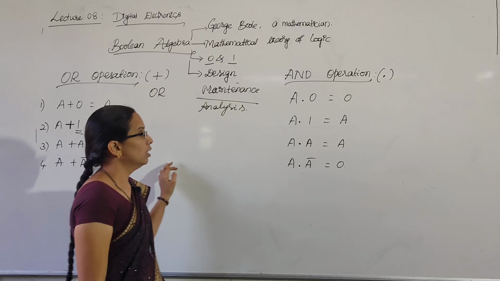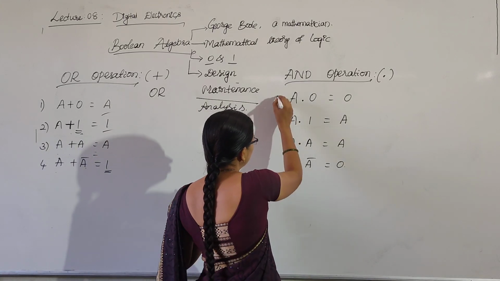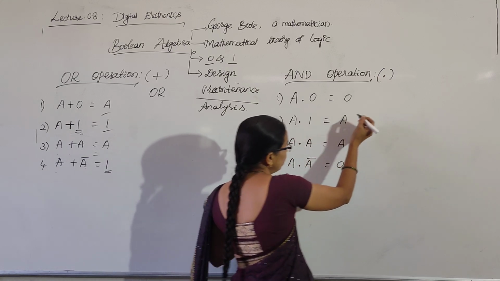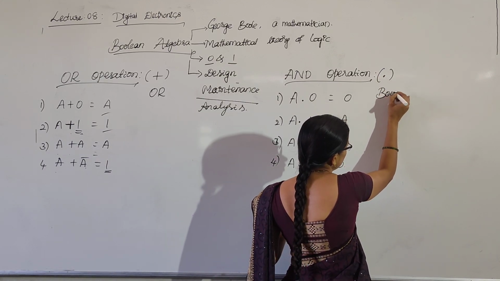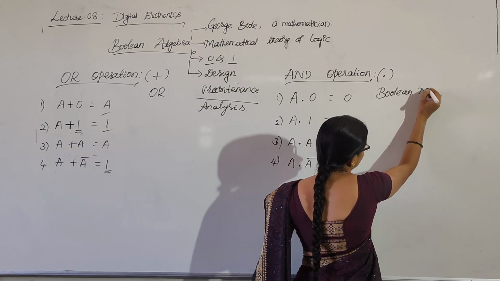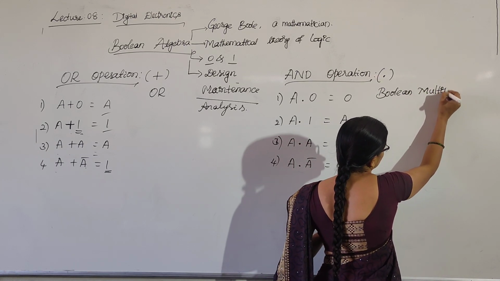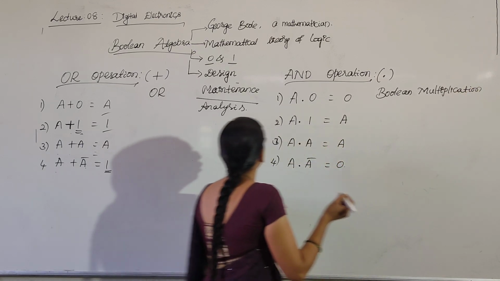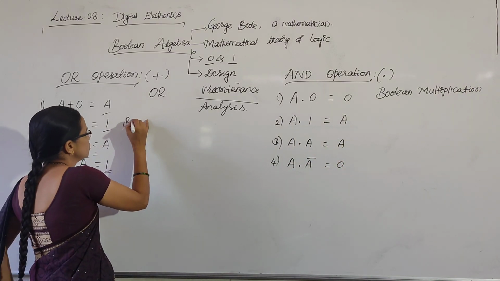Okay. So here we have again 4 laws. This AND operation is also called Boolean multiplication, and OR operation is called Boolean addition.